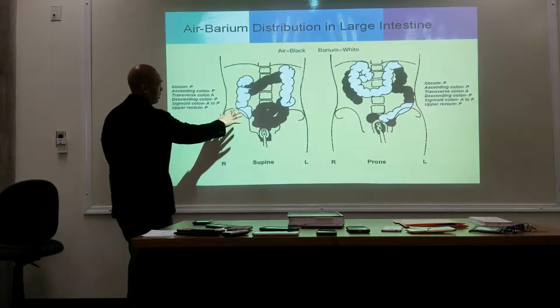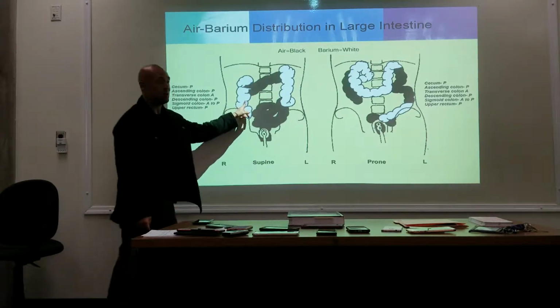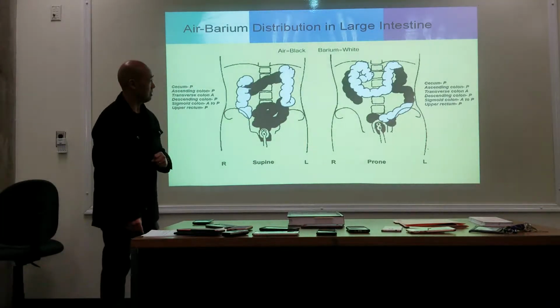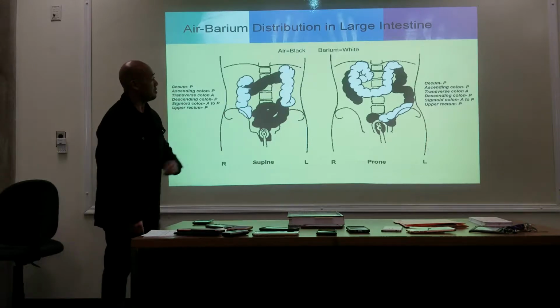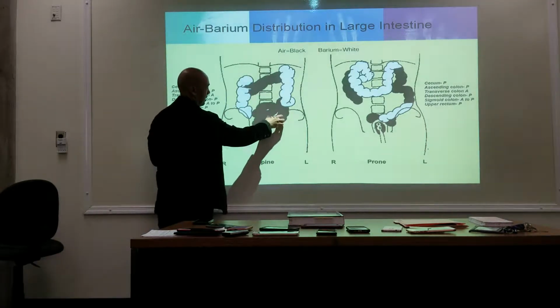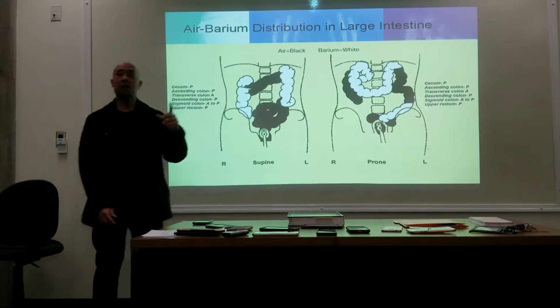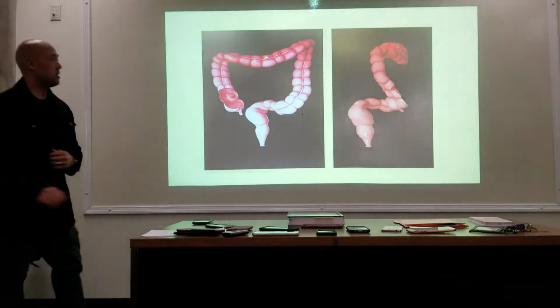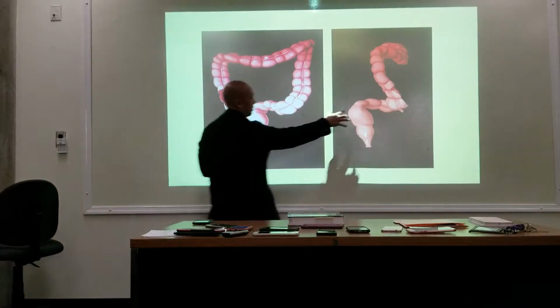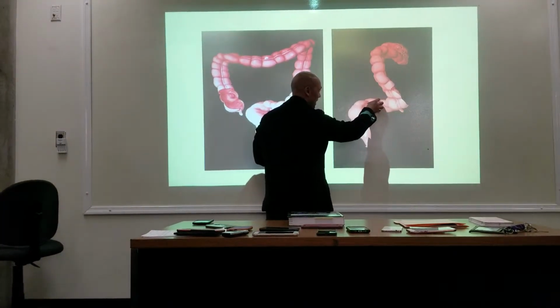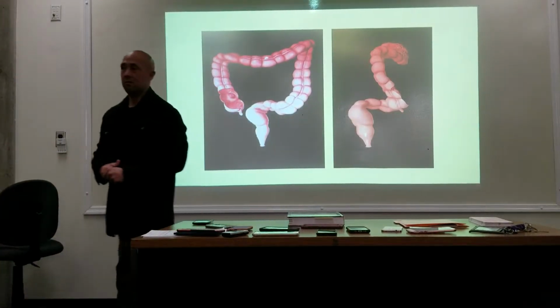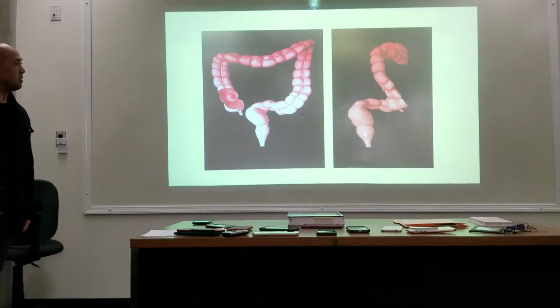So when they're laying on their back, supine, you'll see the contrast in the ascending and descending. You should also see some of it filling up here in the sigmoid area, because recall in this image back here, the sigmoid goes from anterior to posterior. So you may see some filling in this area too.